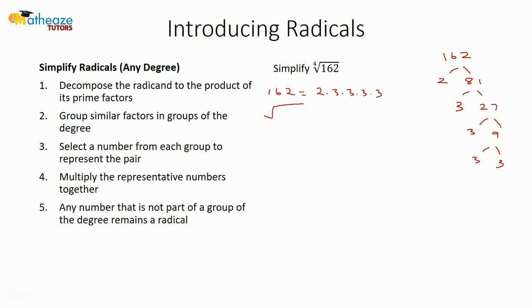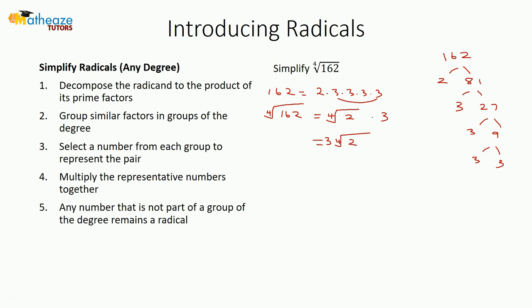And so for the fourth root of 162, you can see there's a group of 4 threes here. So it's going to be 3 times the fourth root of 2. And standard convention when dealing with radicals is that the free number is always on the left hand side of the radical.